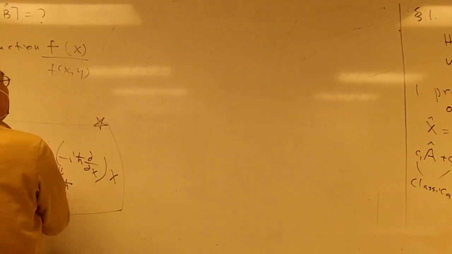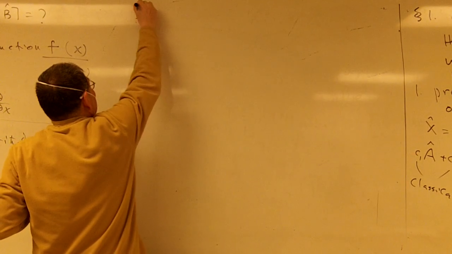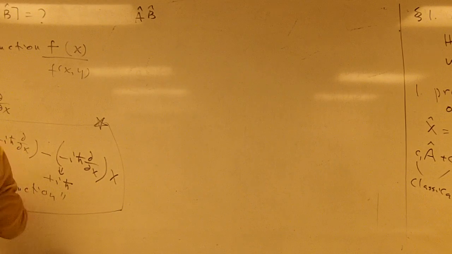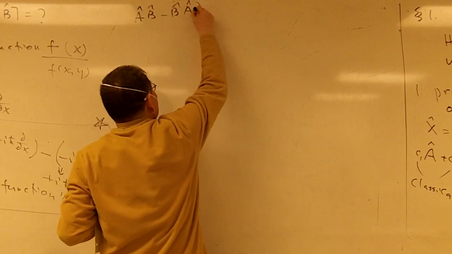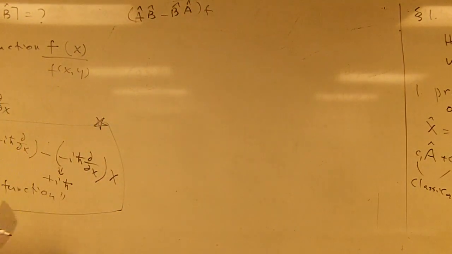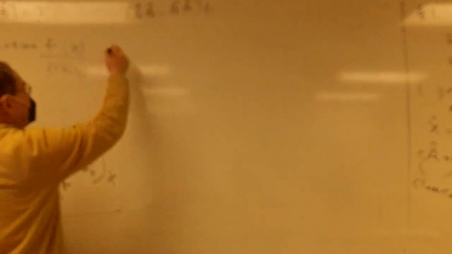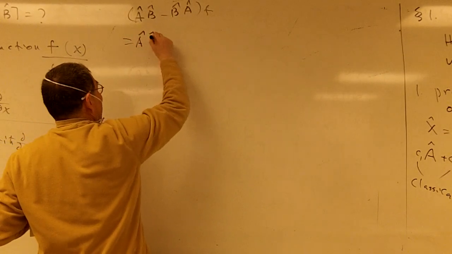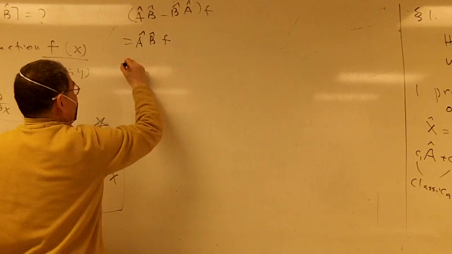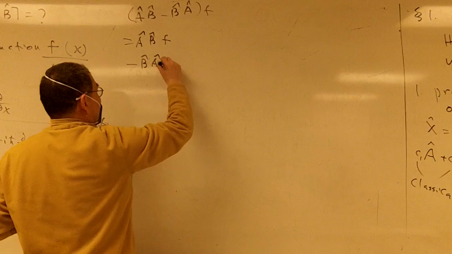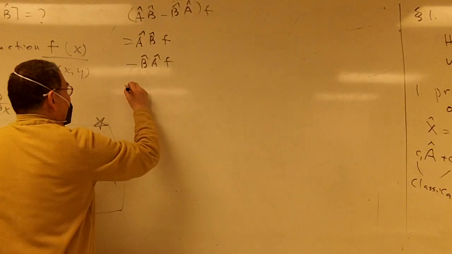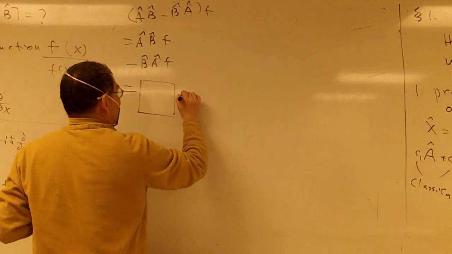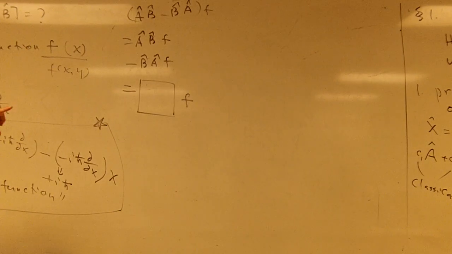Now let's see how we actually do it. We do the following: A hat, B hat minus B hat, A hat, times F. So what we calculate is, first, A hat B hat on F. The second term is minus B hat A hat on F. When we finish the calculation, we will end up with a number, which we don't know yet, times F. This box represents whatever the result turns out to be.